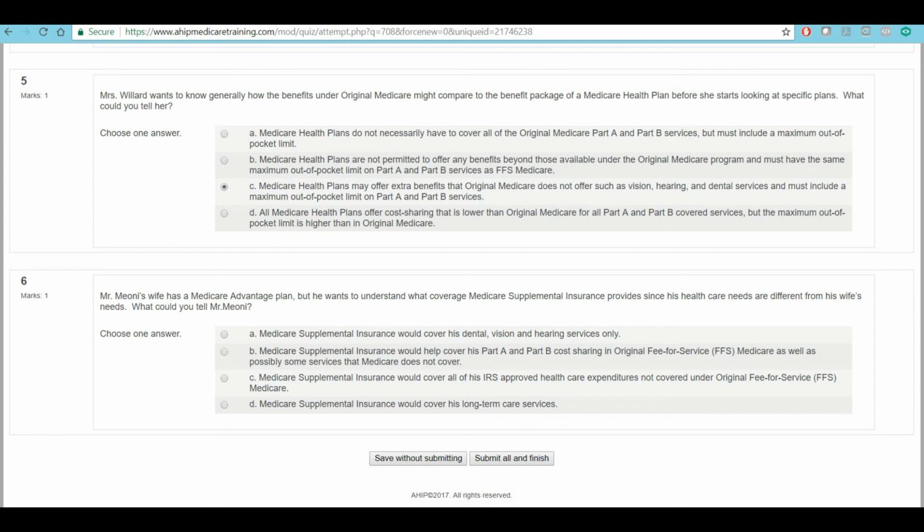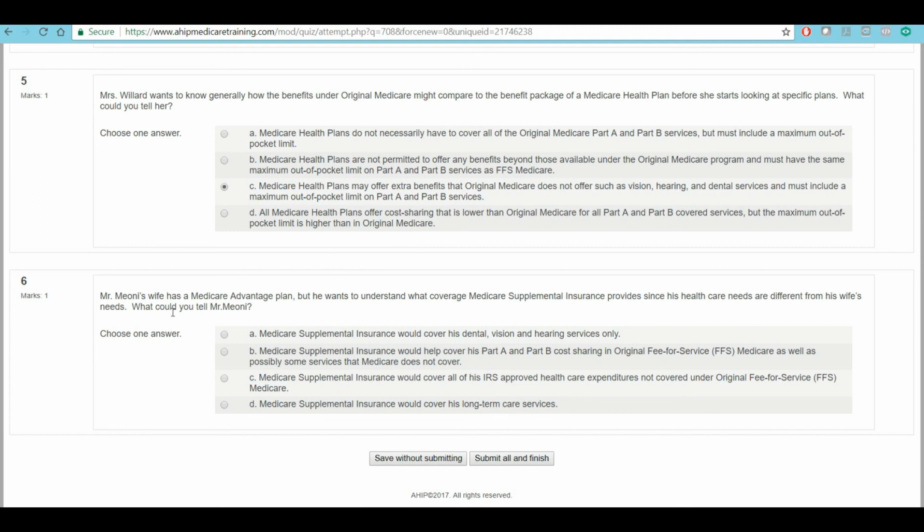That's not true, because original Medicare is not catastrophic. It has a lot higher maximum out of pocket. It's unlimited. It takes the money from the client and leaves all the rest of the money for the client to pay after a certain point. That is not catastrophic coverage.